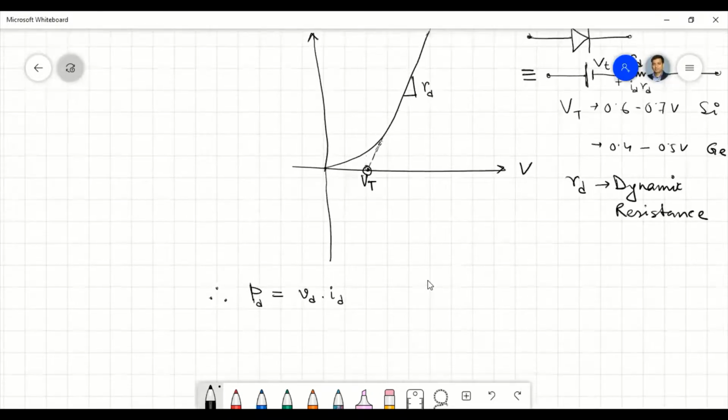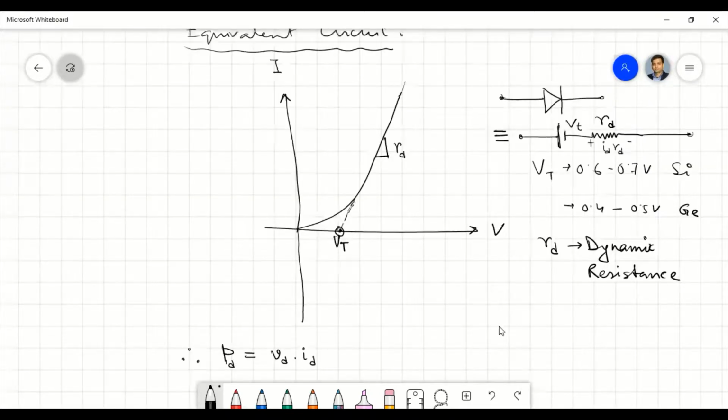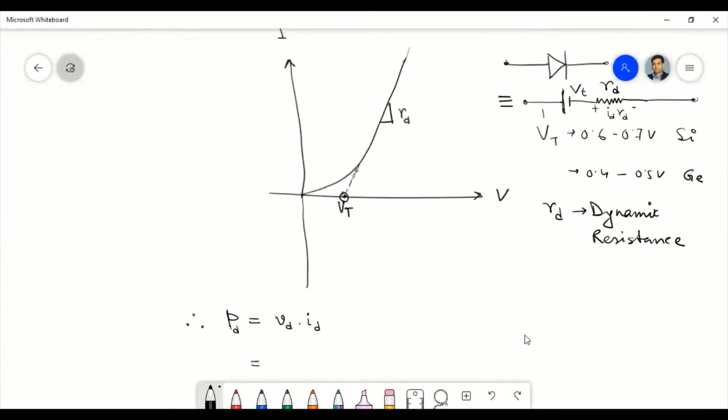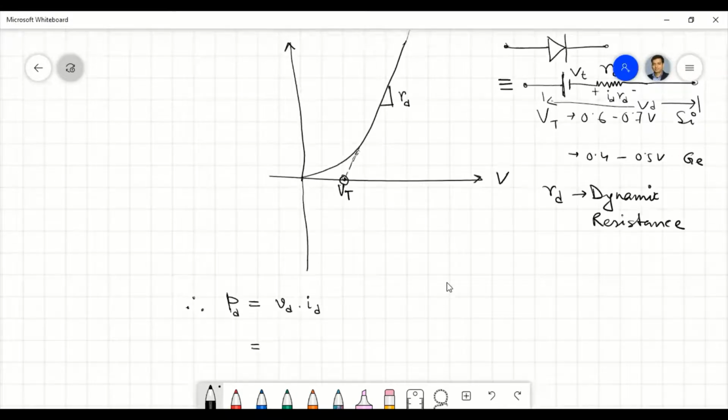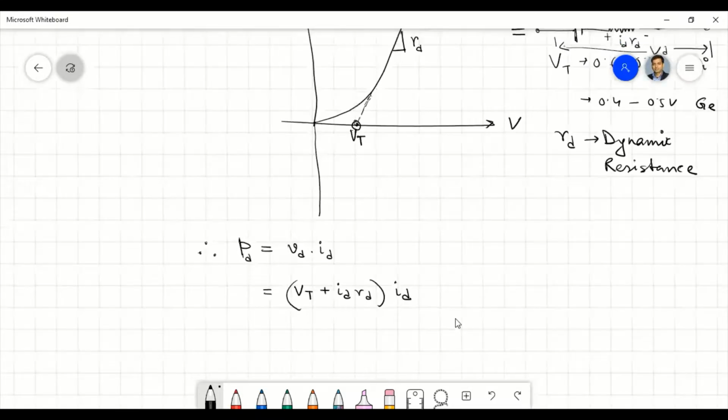All these small letters represent instantaneous values. The total voltage drop across the diode is VD, so VD is VT plus IDRD, multiplied by ID. That is the instantaneous power.